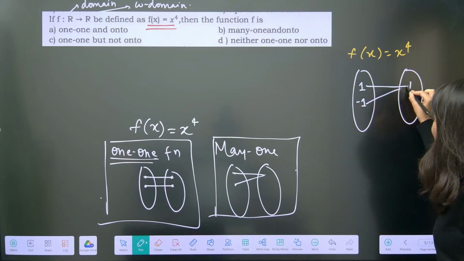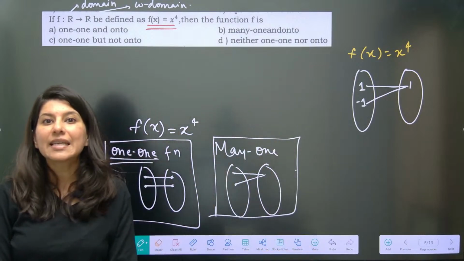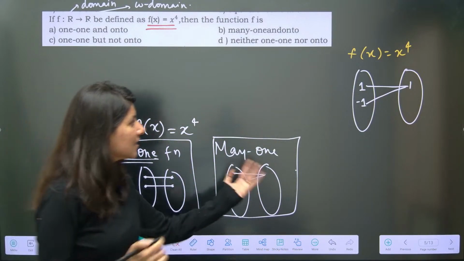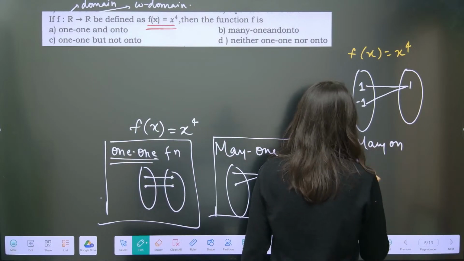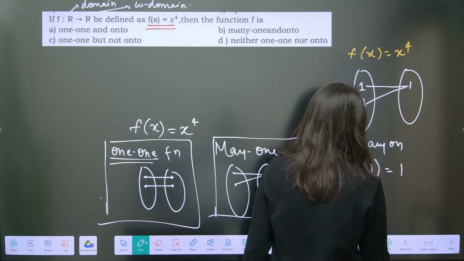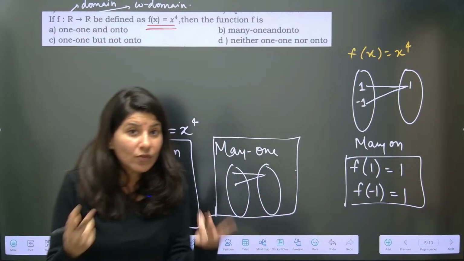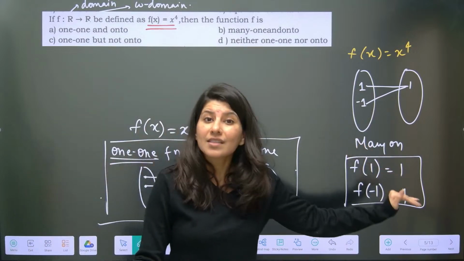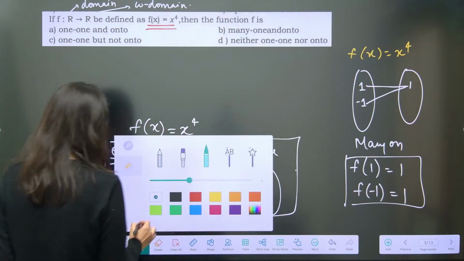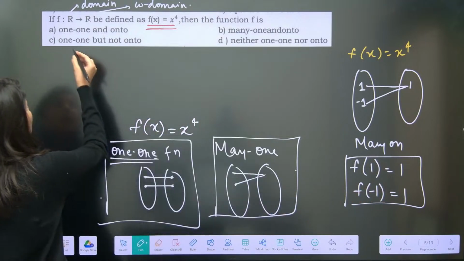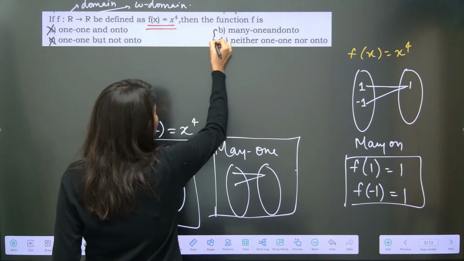Don't you think again I will get 1? Because minus 1 raised to power 4 gives the same value. So this is a clear-cut case of a many-one function. Why? Because f(1) equals 1 and f(minus 1) is also 1. So for two values of x, I am getting the same value for y. So this is a many-one function. Hence, I can clearly say that one-one is wrong. Now the options are either B or D.